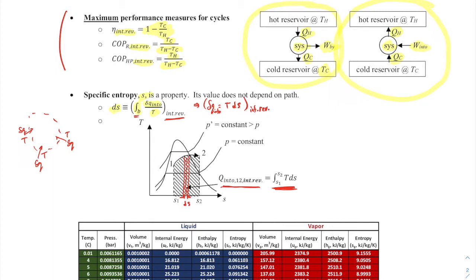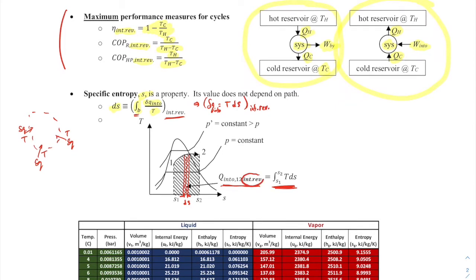Then what happens is entropy production, that sigma quantity, comes into play. So the area under the curve is only the heat that would go into your system for an internally reversible process. I want to really emphasize that this is only true for an internally reversible process. The area under the curve does not hold if it's irreversible.